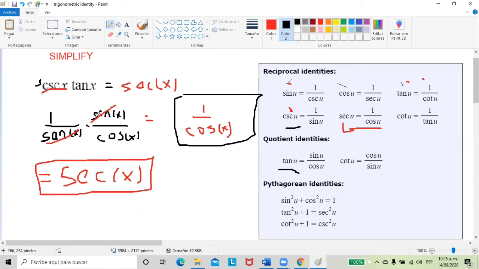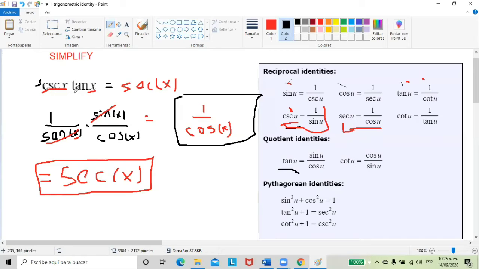We do it using trigonometrical identities. Cosecant, we have it here, is equal to 1 over sine, okay? And we write here 1 over sine of the same angle. The angle is x.